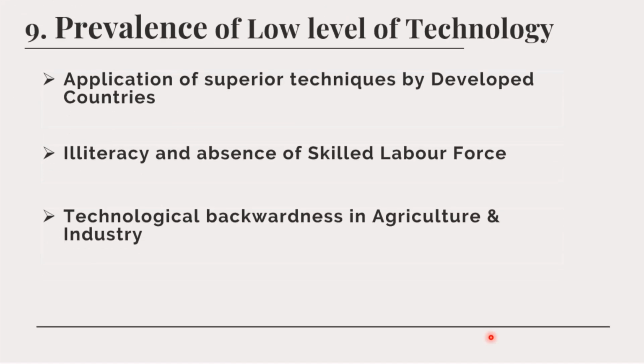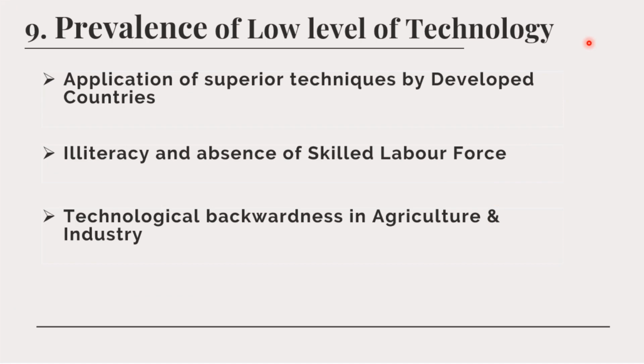The next characteristic is prevalence of low level of technology. In comparison to the application of superior techniques by the developed countries, the technology of India is of lower level. We are adopting a low level of technology for agriculture and industries.